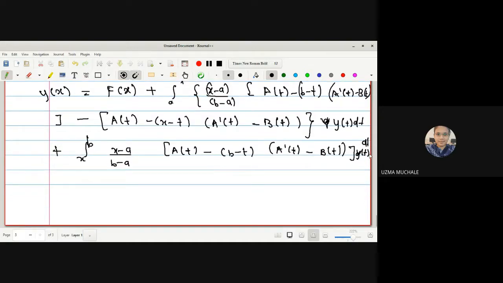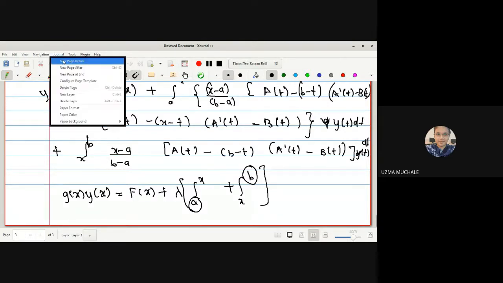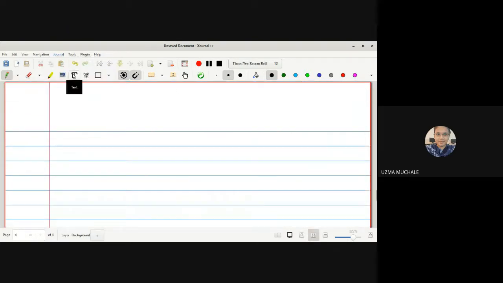So now we can get this in the general form, that is g of x into y of x is equal to capital F of x plus lambda integration a to x plus integration x to b. Now this is in the form of a Fredholm integral equation, that is, integration within the limits a to b. Okay, so now let me write down what are the values of those lambda, f of x and all.